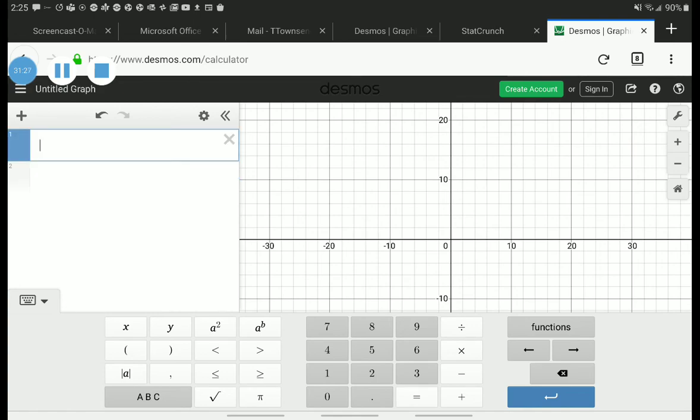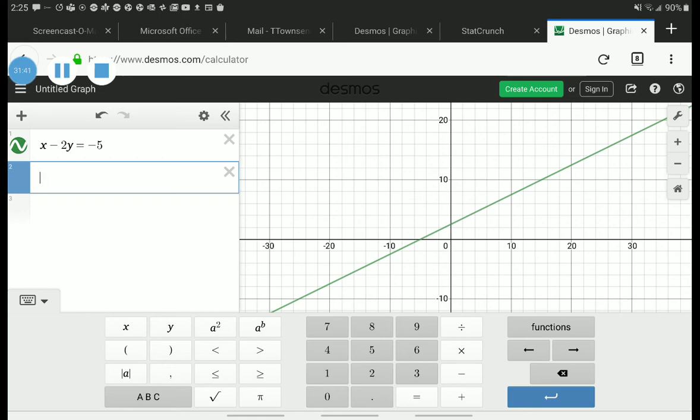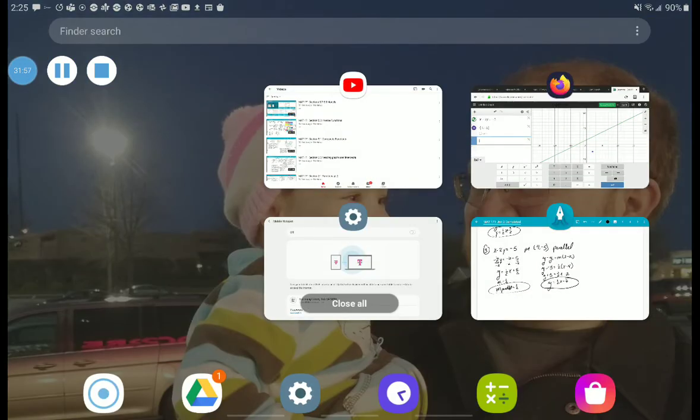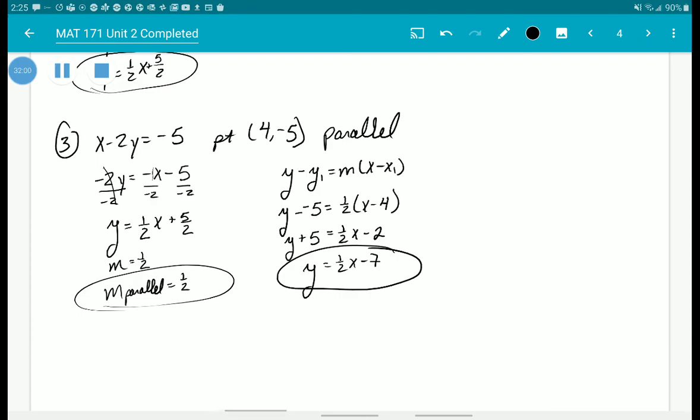So the line they gave us, and I'm just going to use the one that was in our notes, x minus 2y is equal to -5. Desmos does not require the equations to be solved for y. We want to go through the point 4, -5, and we ended up with the line y equals 1/2 x minus 7.